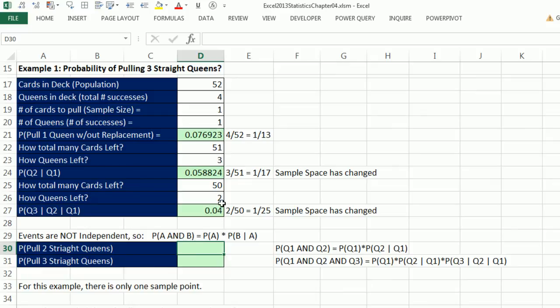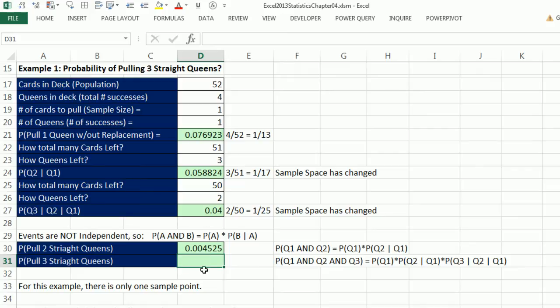But now the question is, how do you calculate pulling these 3 in succession? Hey, the multiplying rule. Let's first calculate the probability of pulling 2 straight queens. Notice our rule, this is and, multiplying is and, simply probability of A times probability of B given that A has already occurred. So it's simple multiplication. There's A, there is B given that A has already occurred, and enter. Wow, so the probability is 0.004.